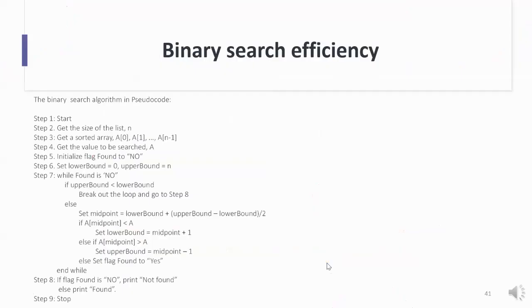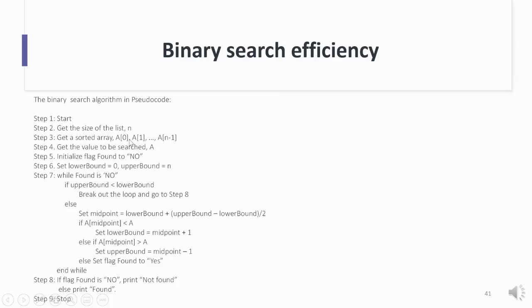Similarly, we represent the binary search algorithm in pseudocode. Step 1, start. Step 2, get the size of the list n. Step 3, get a sorted array A0, A1, up to An-1. Please note, an array always has index or subscript starting from 0.